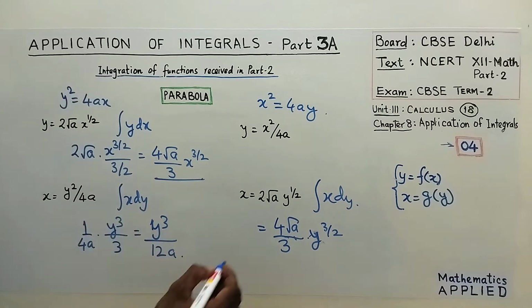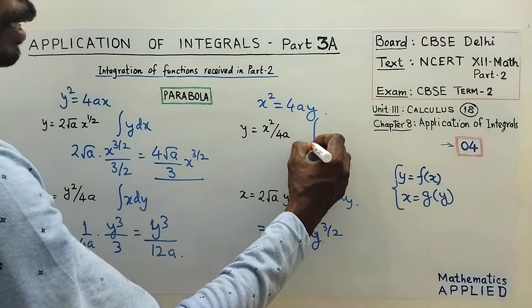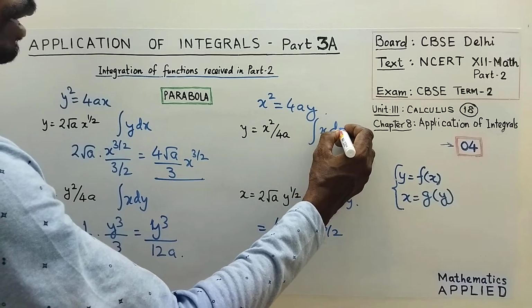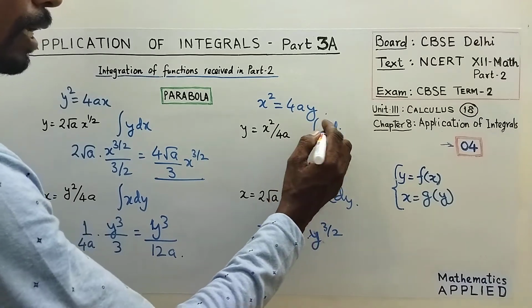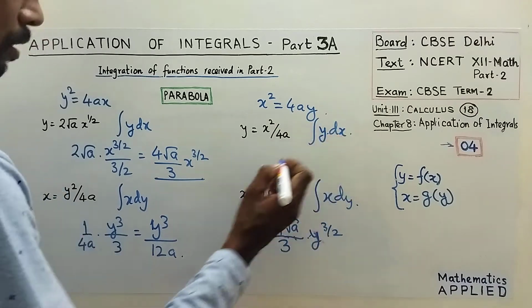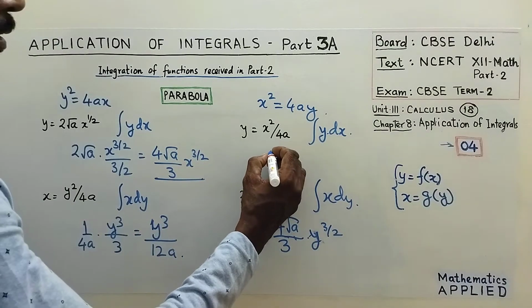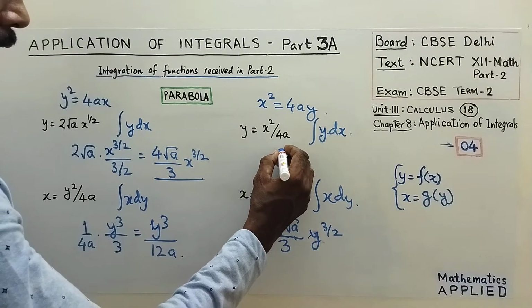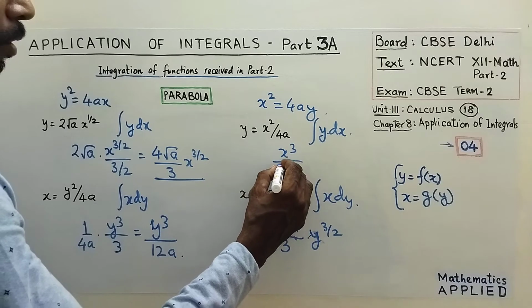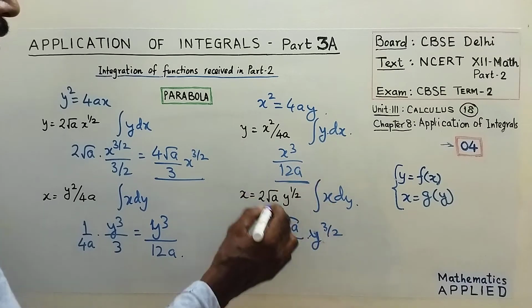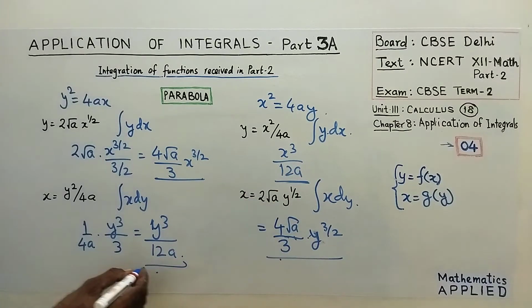This is the result. Similarly for this one, the integral of y dx is going to give me x cube by 12a. This is the result, right? All these are the results for the parabola.